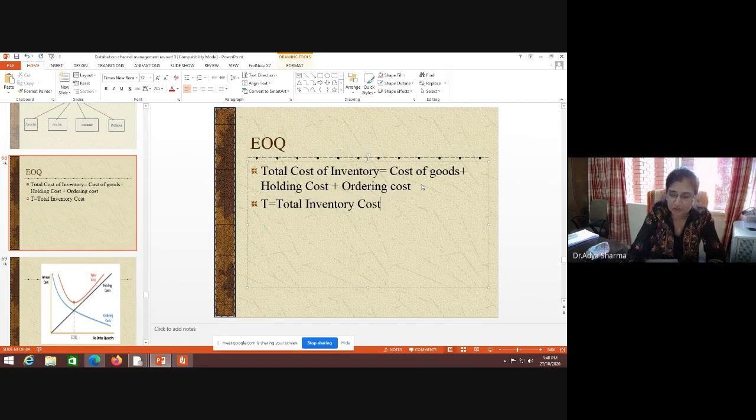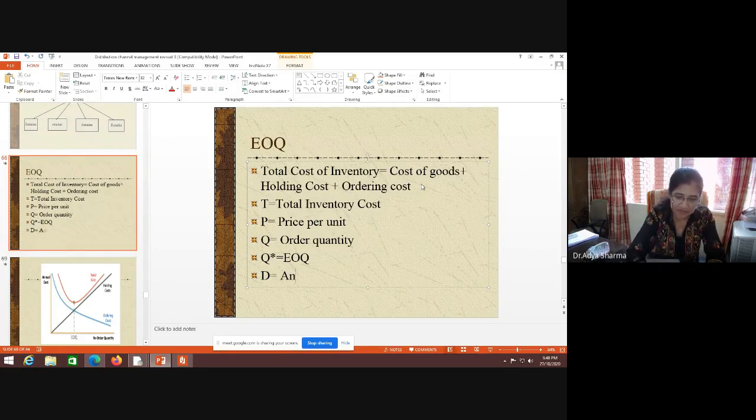I'm just trying to give certain nomenclatures. Let P be price per unit. Let Q be the order quantity. Let Q* be the economic order quantity. Let D be the annual demand.